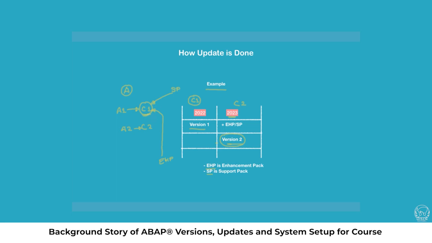Now, generally, the support packages contain the bug fixes. For example, if there are some errors or some mistakes which were previously delivered to the customer and were found out during the development of version 2, then the support packages contain those bug fixes, and the enhancement package primarily contains new features and functionalities.